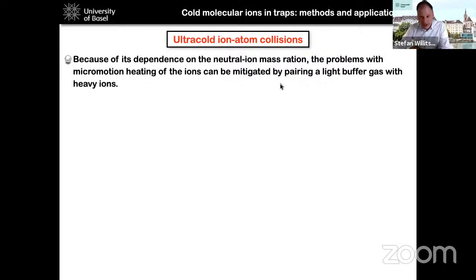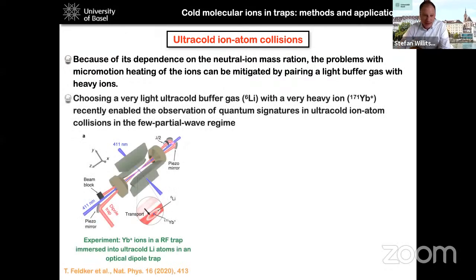let me mention a very recent experiment where they tried to circumvent this problem by choosing a very light buffer gas and a very heavy ion, lithium and ytterbium. And this is an experiment from René Gerritsma's group in Amsterdam. And the objective here was really, okay, we really want to study ultra-cold collisions now.